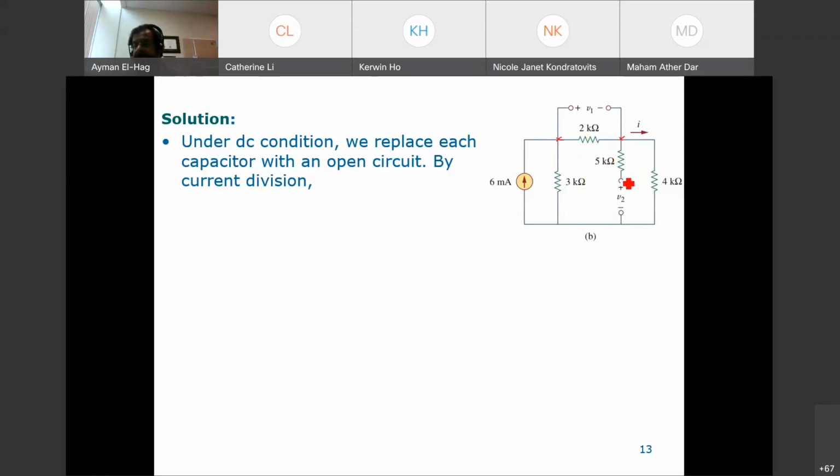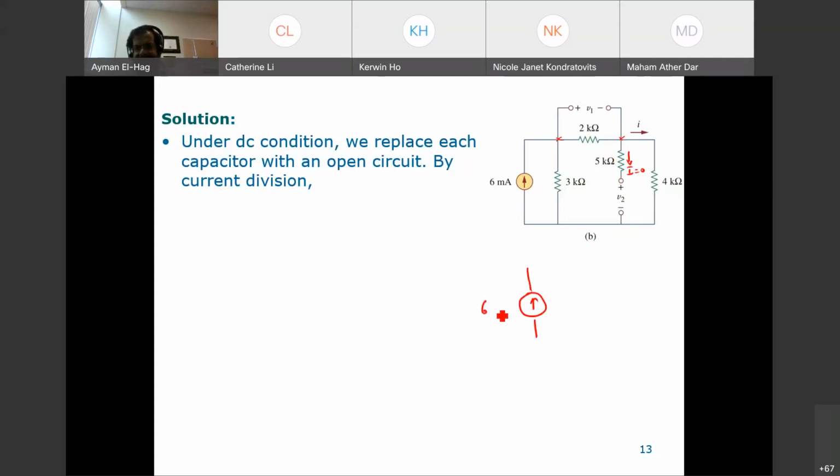Now this circuit becomes simpler because we open circuit all these capacitors. So the current that goes here is equal to 0. If we draw the circuit without those open circuits, it might be a bit confusing.